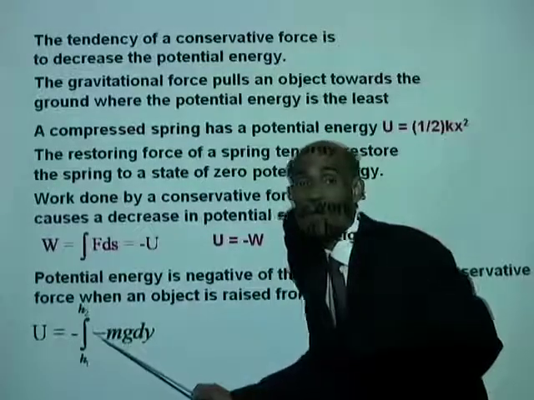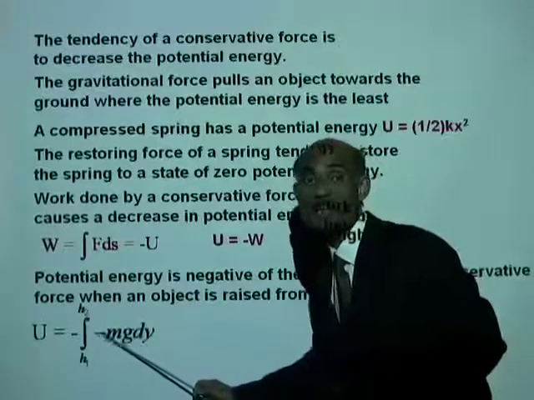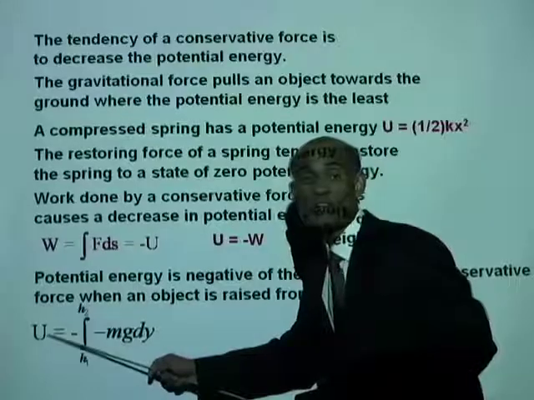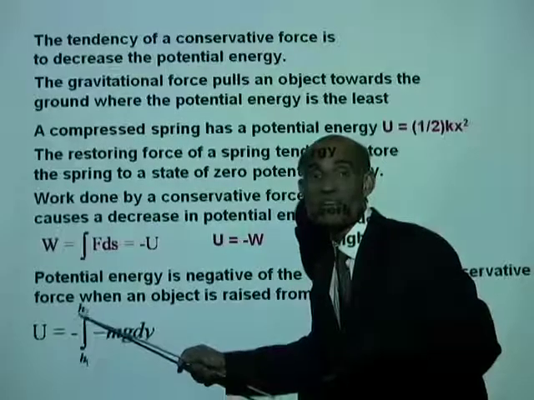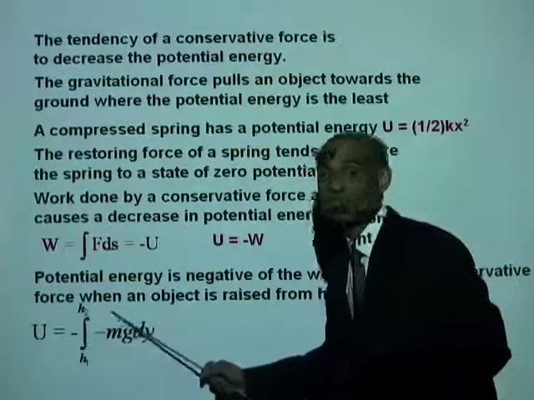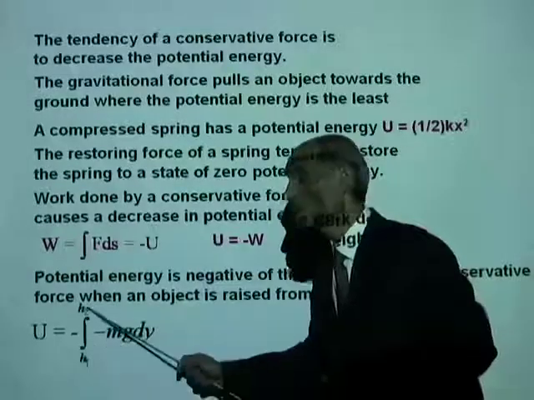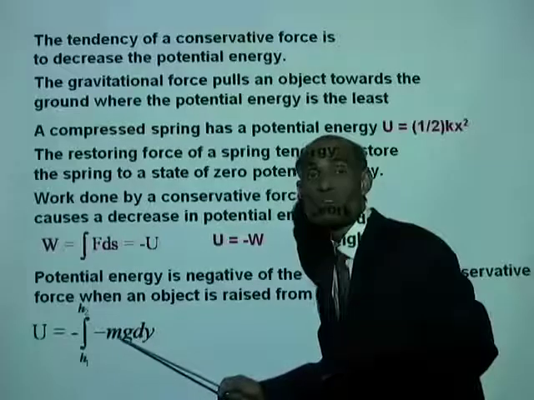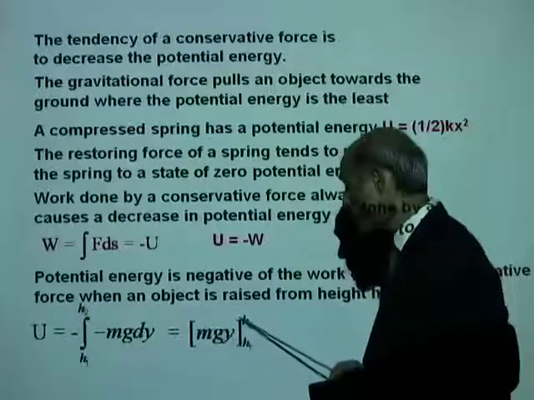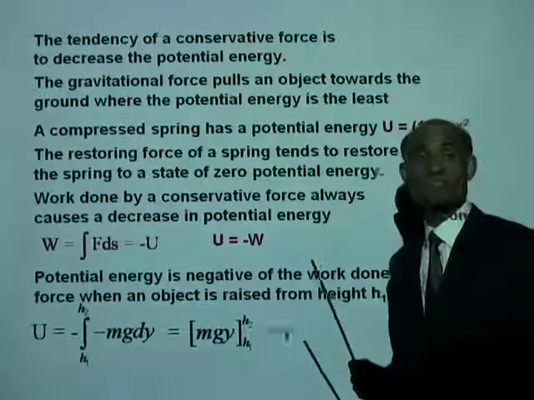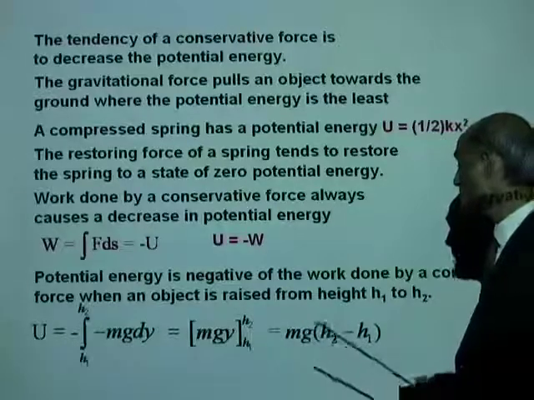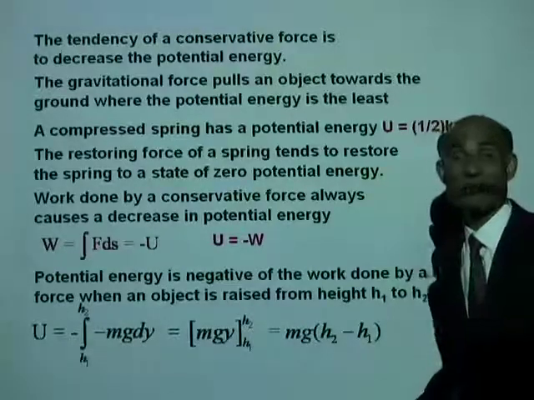Work done by what? Work done by this conservative force, which is negative mg. So potential energy U equals the negative of the work done by the conservative force, which is the integral from h1 to h2 of negative mg dy. And that will be mgy from h1 to h2, or you can write it as mg times (h2 minus h1).